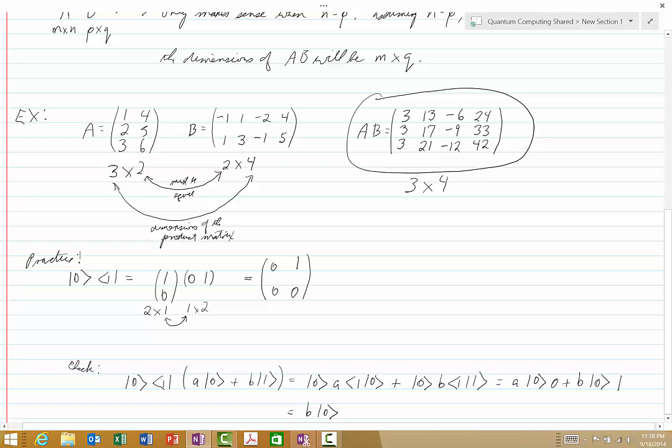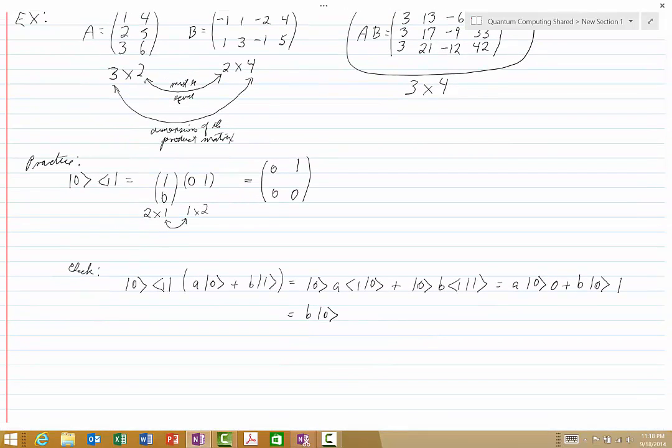Okay, so if we were looking for the 0, 1 operator, this would be what we would do. And then now we're checking it, and we have found out that this operator, 0, 1, operating on an arbitrary state, A0 plus B1, is equal to B times the 0 bra.